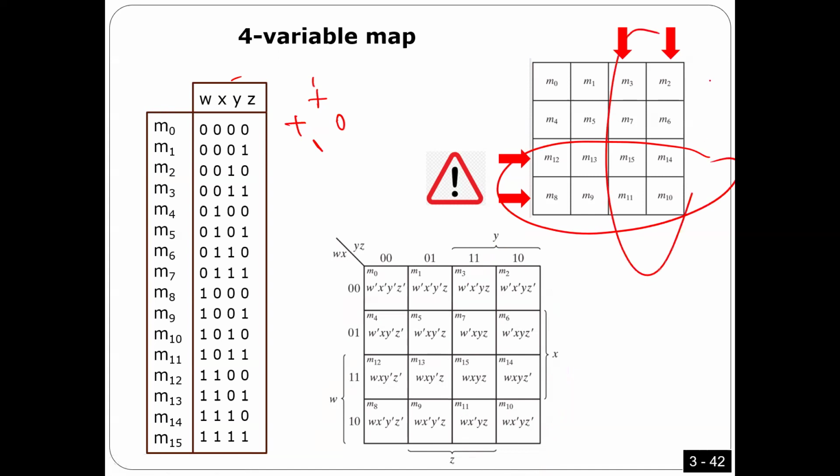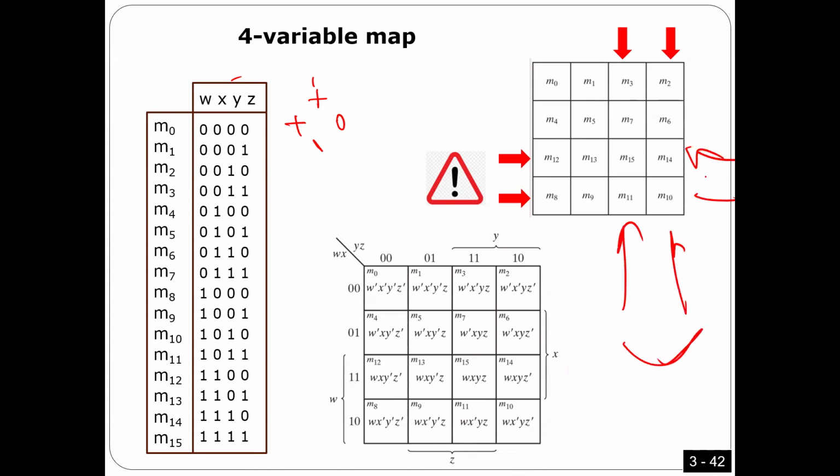So we switch these two, and also we switch these two. That means if you see here, this is M7. M8 is here, not here. So the last two rows we switch them: M8, 9, 11, 10. You can see, we actually switch these two columns, and we switch these two rows. Is that okay, guys? Any questions?